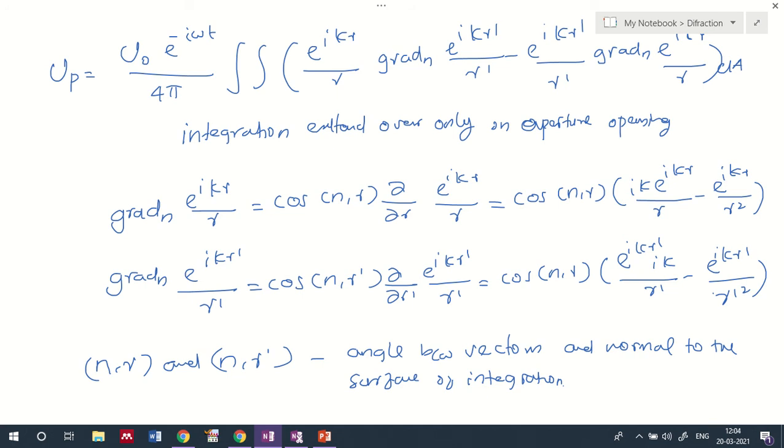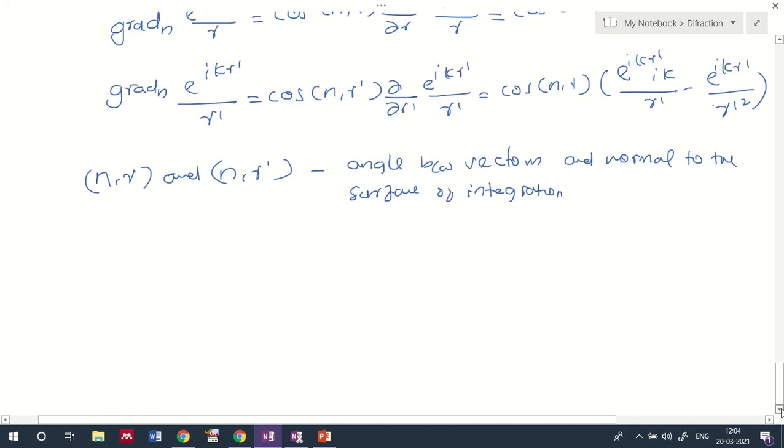Consequently we can neglect the second term, that is e raised to ikr by r square and e raised to ikr dash by r dash square, since this will be very small when r is very large. So we can remove this term.